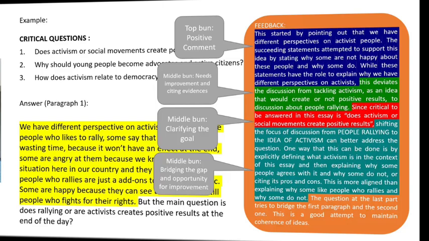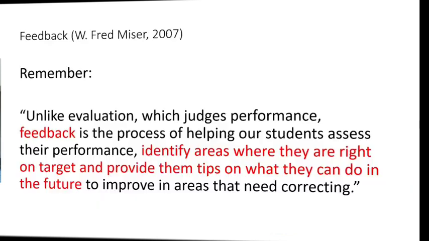So it's not just pointing out what is wrong, but it's suggesting what can be done to improve students' performance. Feedback would always end on a positive note. The question at the last part tries to bridge the first paragraph and the second one. This is a good attempt to maintain coherence of ideas. So the sandwich method would always start on a positive note and would end on a positive note.